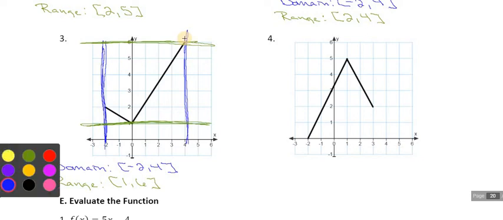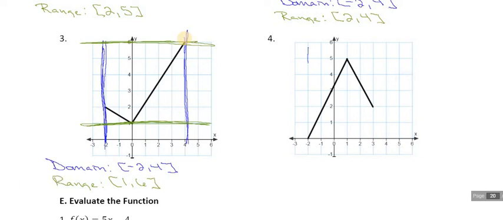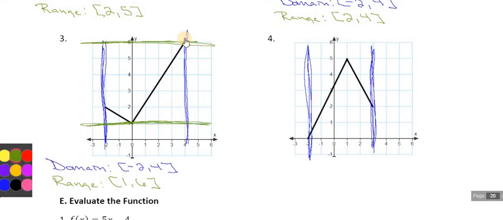And number 4 is very similar to number 3 in the overall shape, left to right, and then bottom to top. So the bottommost bottom and the topmost top.